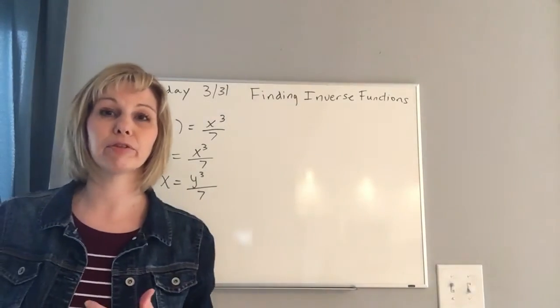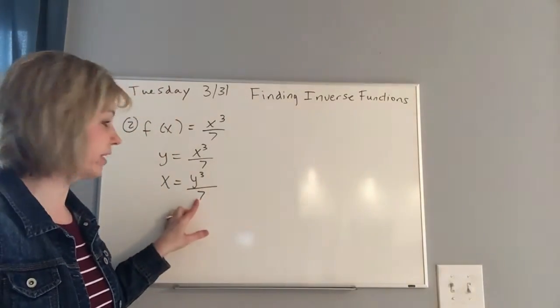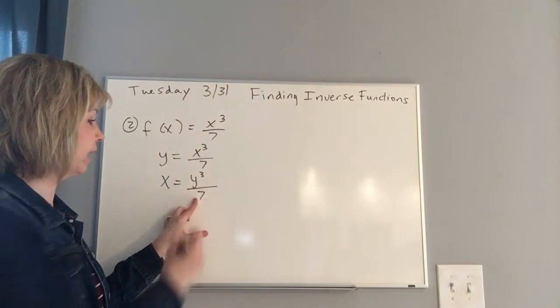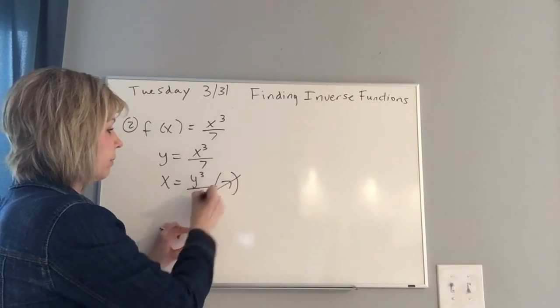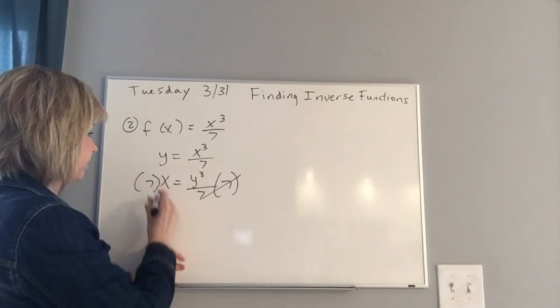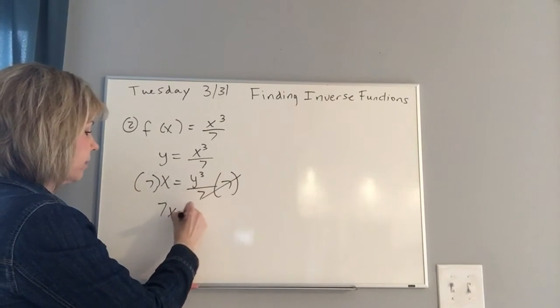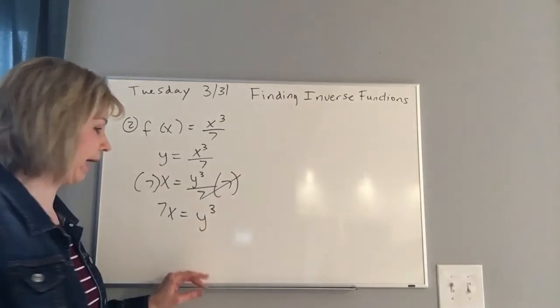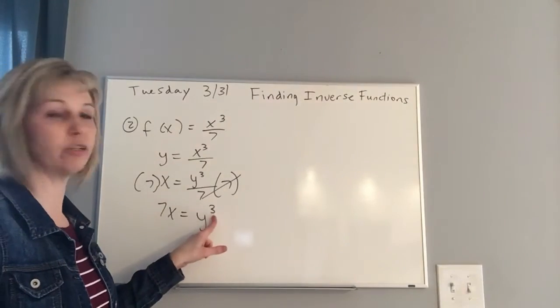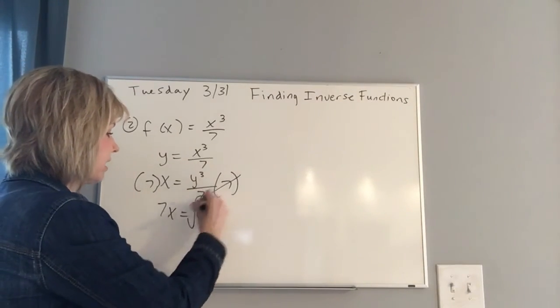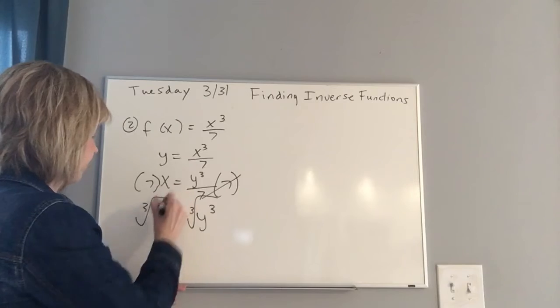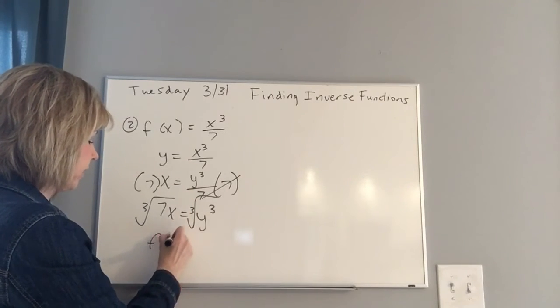There's no add and subtract, but there's division. How do I undo dividing by 7? I multiply both sides by 7. So I get 7x equals y to the 3rd power. And then how do I undo the 3rd power? This time I take the cube root of both sides. I'm going to put inverse notation.